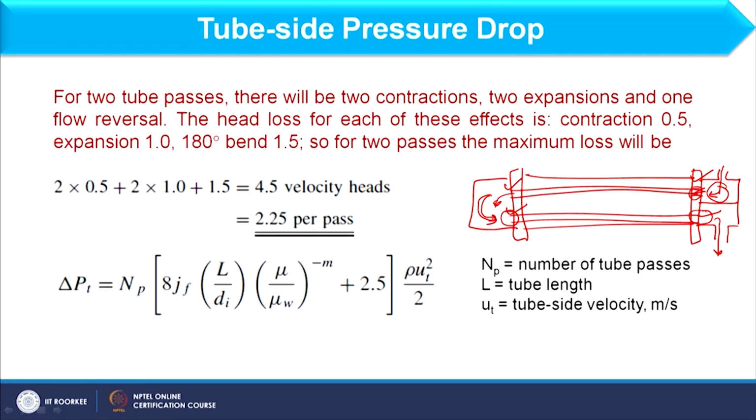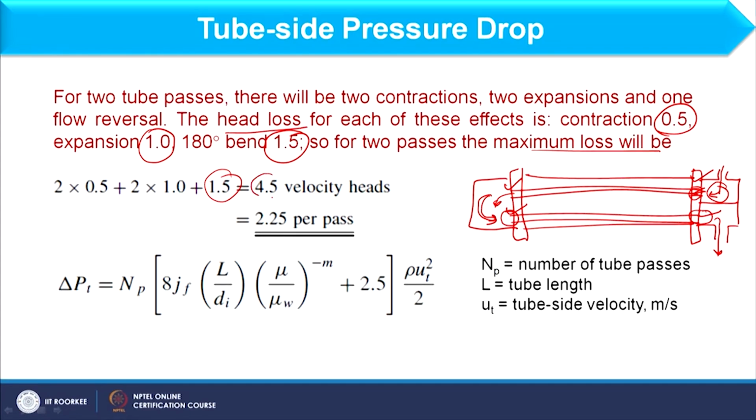there, okay. So, as far as head losses are concerned, in these conditions, for contraction consider head loss as 0.5, for expansion consider head loss as 1, and for a 180 degree bend consider head loss as 1.5. So, for 2 passes, the maximum loss can be obtained as 2 into 0.5, that is for contraction, 2 into 1, that is for expansion, and 1.5 because a 180 degree bend is there.